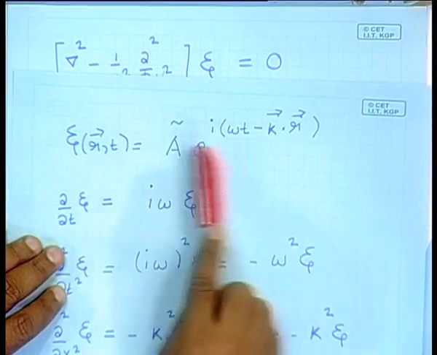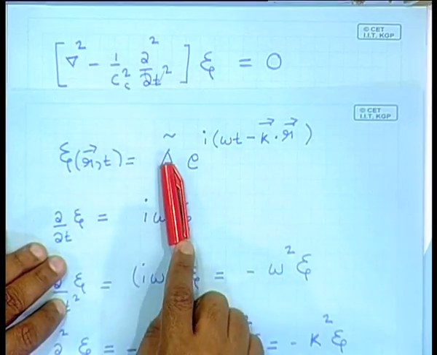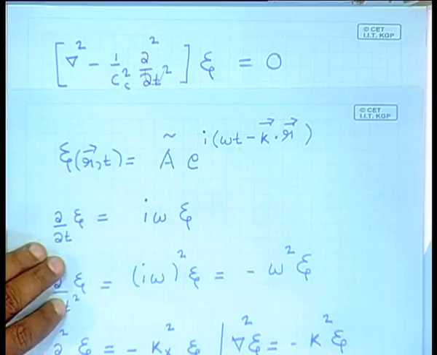Let me again remind you what the dispersion relation is. We had a wave equation, and we took a plane wave as a trial solution and asked the question, does it satisfy our wave equation.